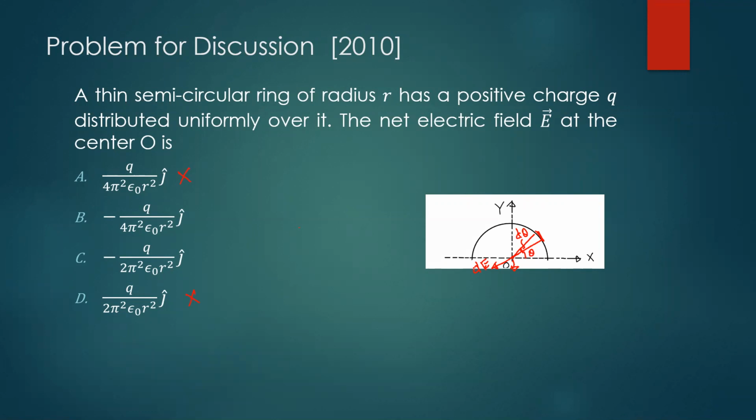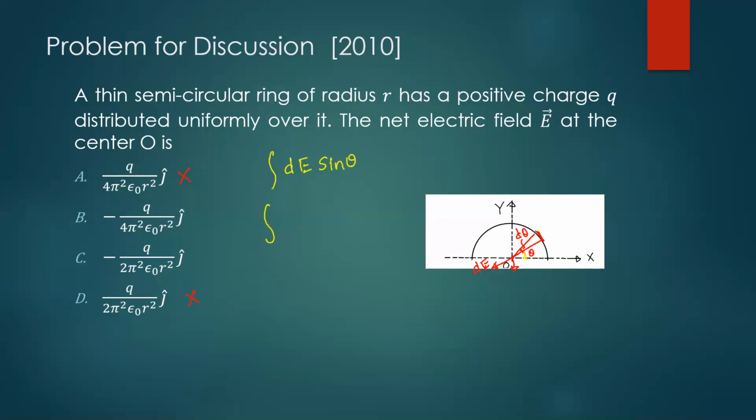By symmetry, the horizontal components disappear, so we work with the vertical components. If this angle is theta, the vertical component will be sine theta. So I take dE sine theta, and if I integrate that, I should get the net electric field.